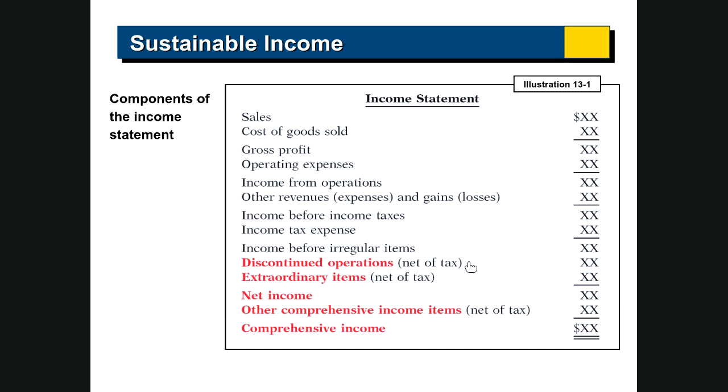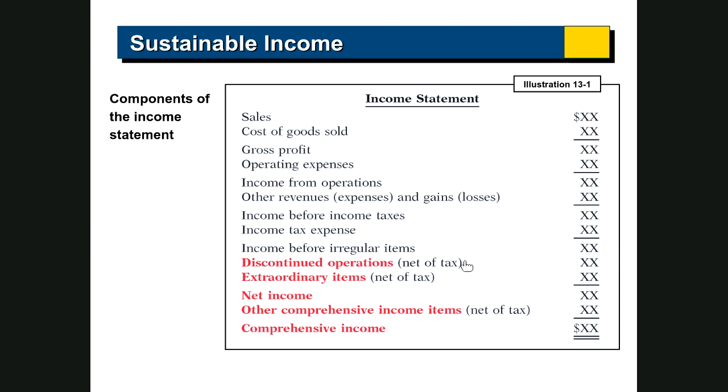What does that mean? Let's say you had $100,000 in income before irregular items. From the discontinued operations, you had a $50,000 income, and the tax on that income was $10,000.